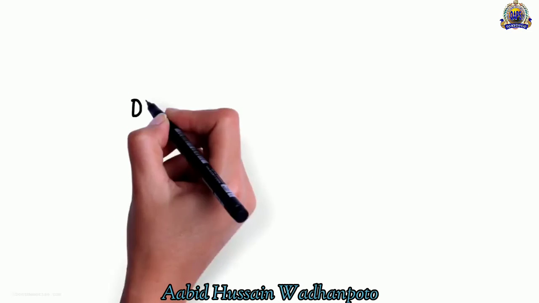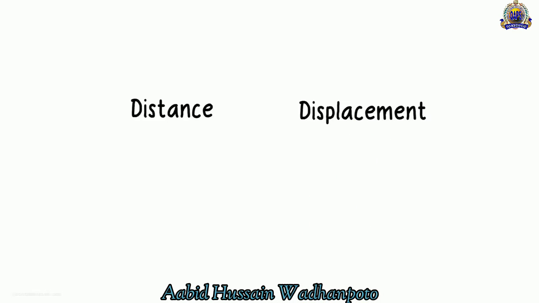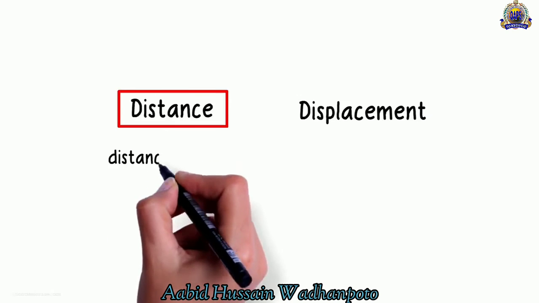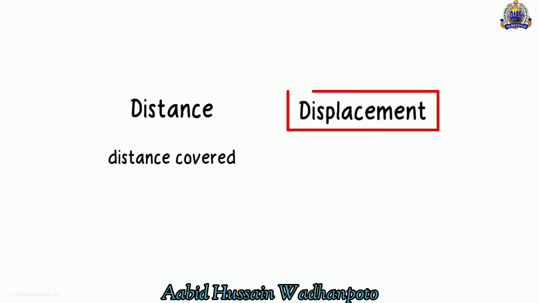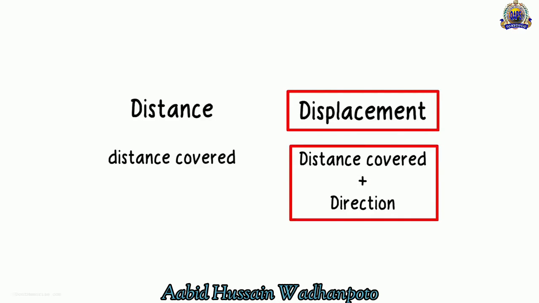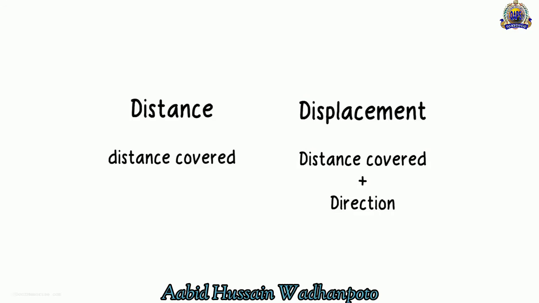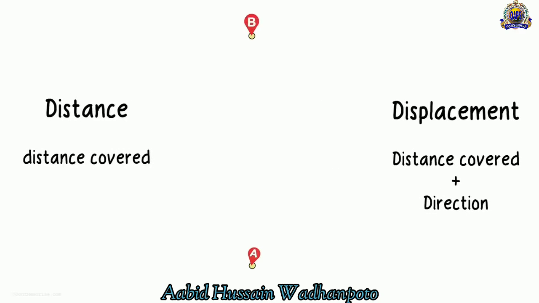Now let's come to what the displacement is, and what the main difference is between distance and displacement. Distance covered is only distance, but displacement is the distance covered plus the direction. It means distance plus direction is displacement, and distance is only the particular amount of length.